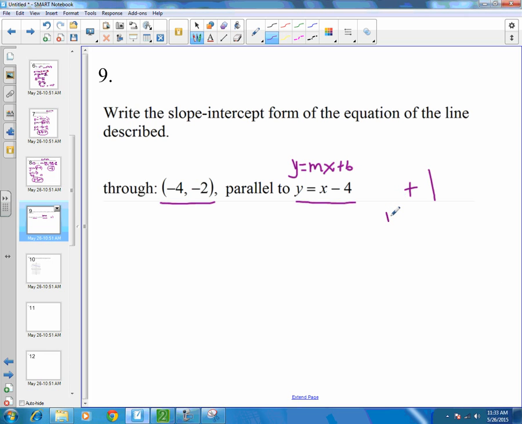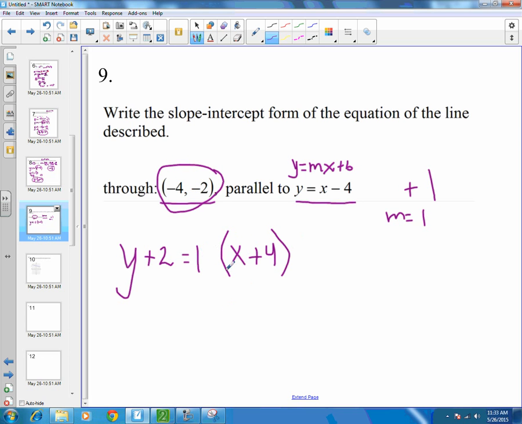So if our slope is 1, and I know my point is here, I'm going to use those two things to plug it into point-slope form. So y minus a -2, minus a negative makes a positive, so that's y plus 2. My slope is 1 times x minus a -4, which will make it a +4.